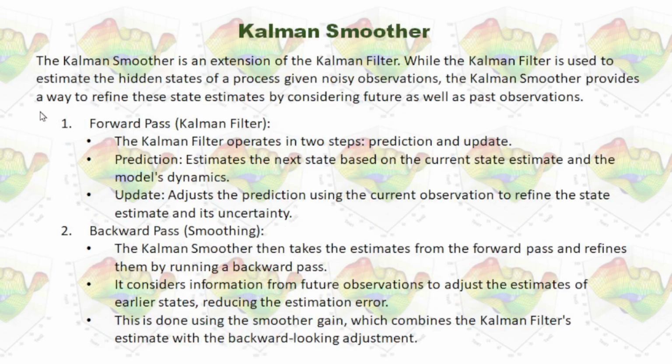The Kalman smoother is an extension of the Kalman filter. While the Kalman filter is used to estimate the hidden states of a process given noisy observations, the Kalman smoother provides a way to refine these state estimates by considering future as well as past observations.